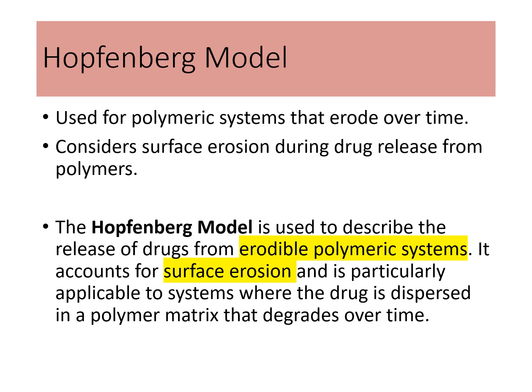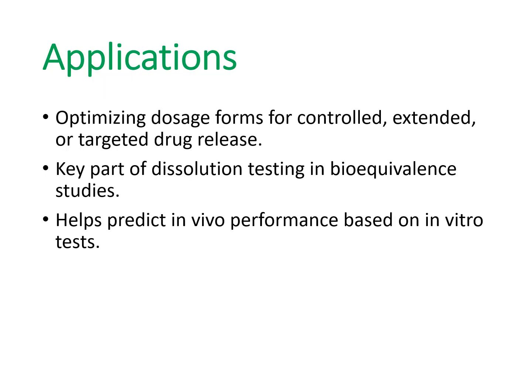And you can understand that whenever erodible polymeric systems are there, there will be surface erosion. So it accounts for surface erosion, and it is particularly applicable to systems where the drug is dispersed in a polymer matrix that degrades over time. So this is the Hopfenberg model.